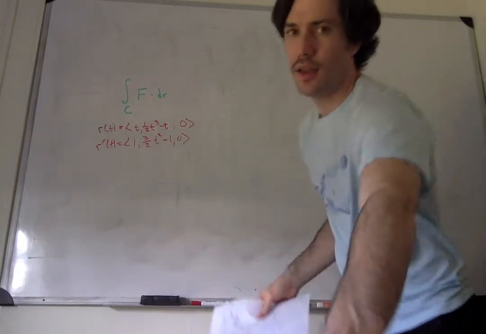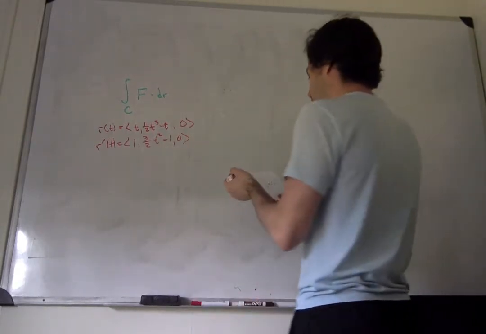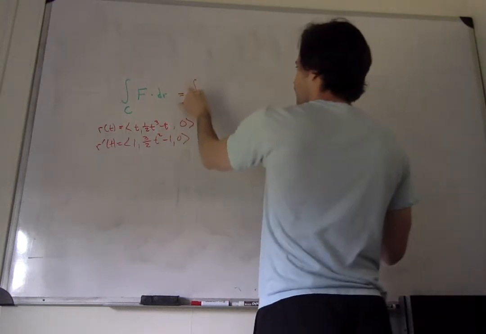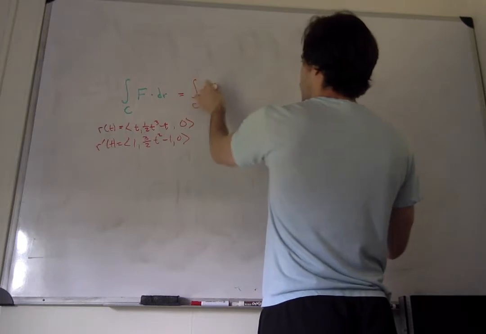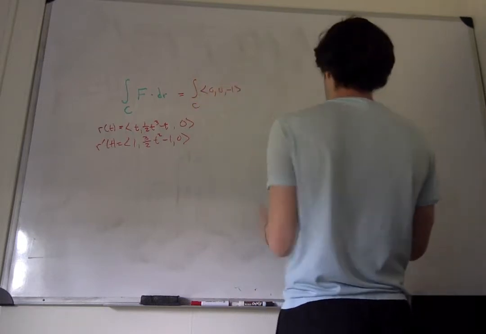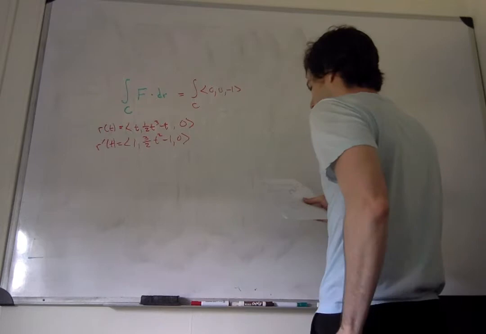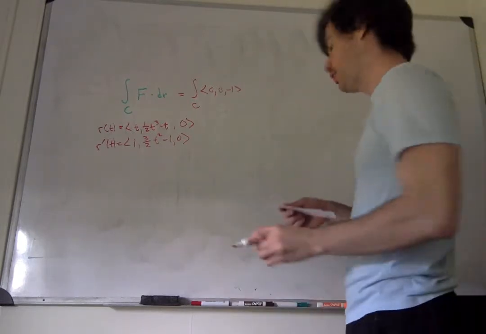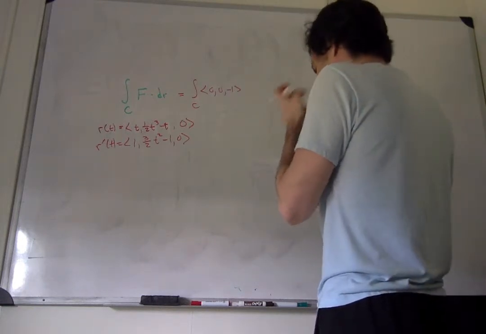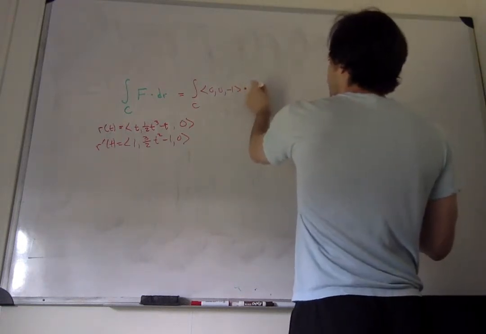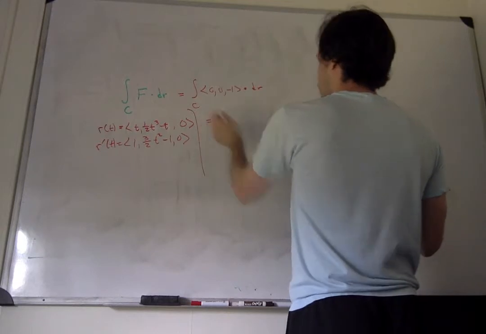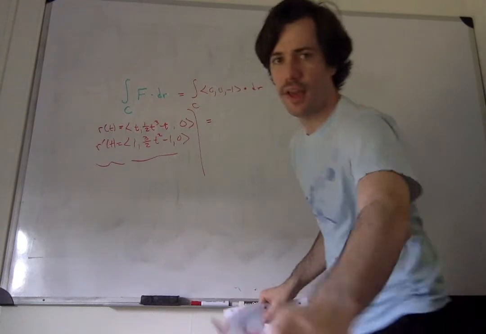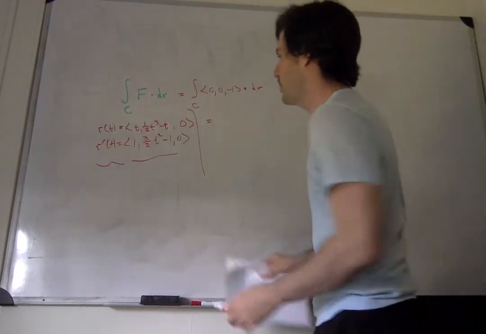Okay, and now I'm just going to do the calculation directly. So by definition, F was 0, 0, minus 1. This was actually part of the problem, right? So 0, 0, minus 1 dot dr. Let's remember what this means.